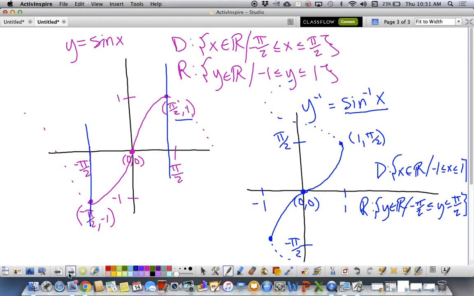Okay, so we're going to do the same process with y equals cosine x. Can you graph y equals cosine x?